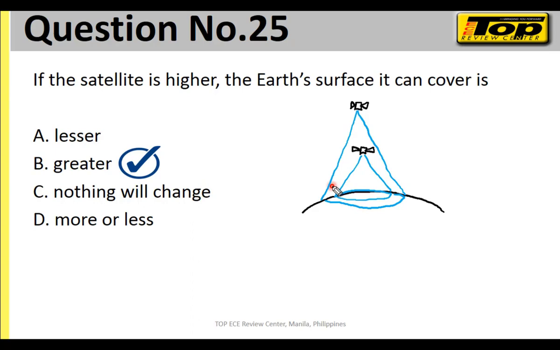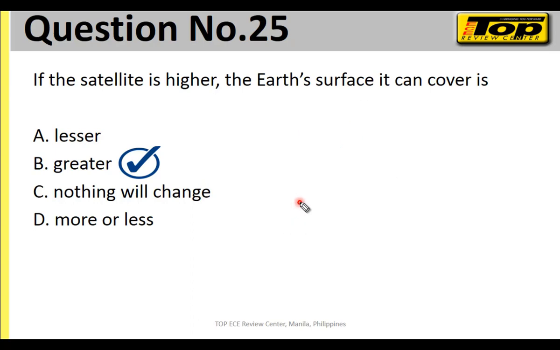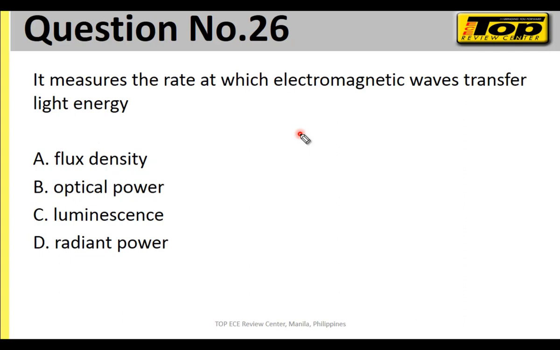Those two should have many satellites para i-cover ang buong Earth because they have altitude that is much lower compared to the geosynchronous satellite. So for number 25, the answer is letter B, greater. Okay? Okay, so let's move on to number 26.